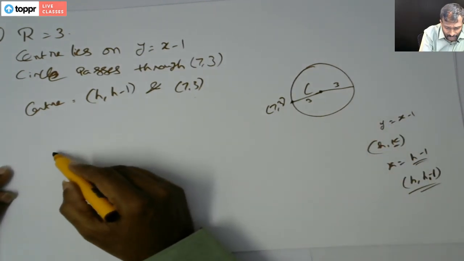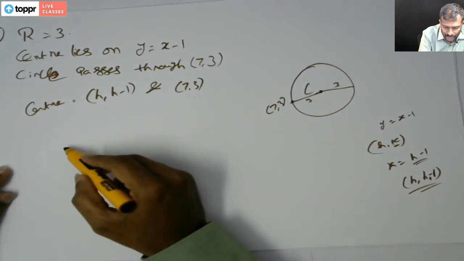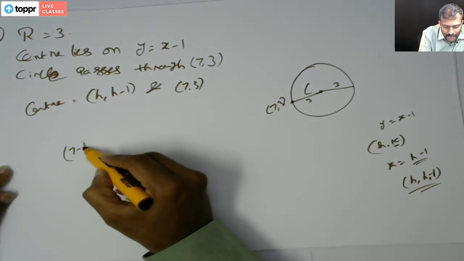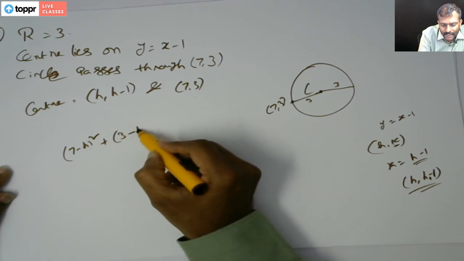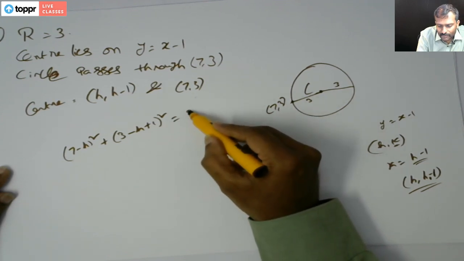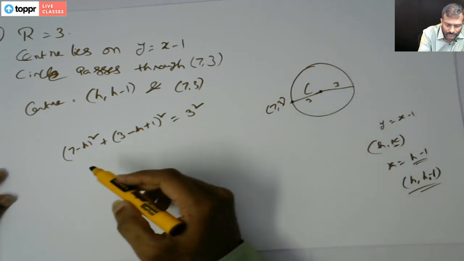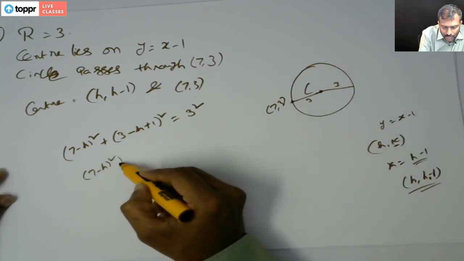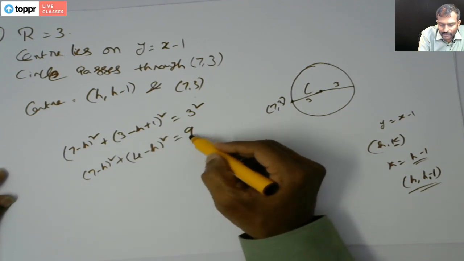Substituting in the formula directly, 7 minus h whole square plus 3 minus h plus 1 whole square should be equal to 3 square, right? So 7 minus h whole square plus 4 minus h whole square is equal to 9.